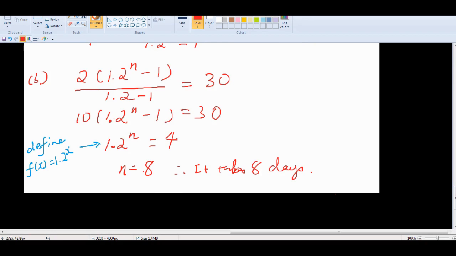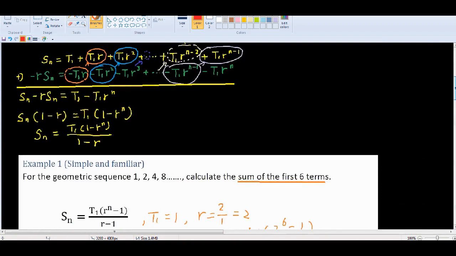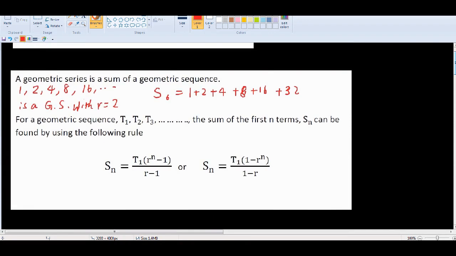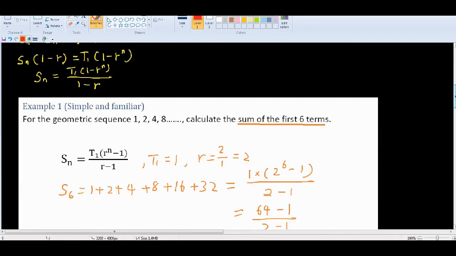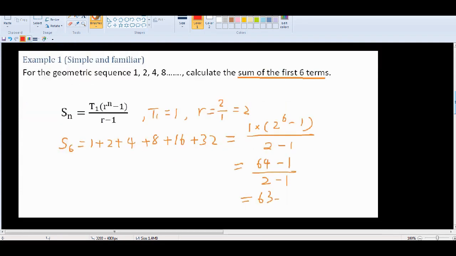Okay, so for this video, we have learned what a geometric sequence is, and geometric series, which comes from the summation of a geometric sequence. We know the rule, and we know how to combine our knowledge of geometric sequences to help us find the sum of the first few terms.